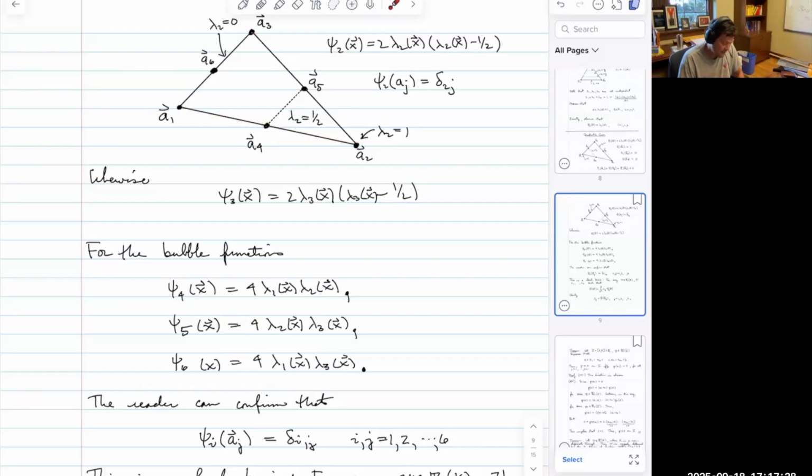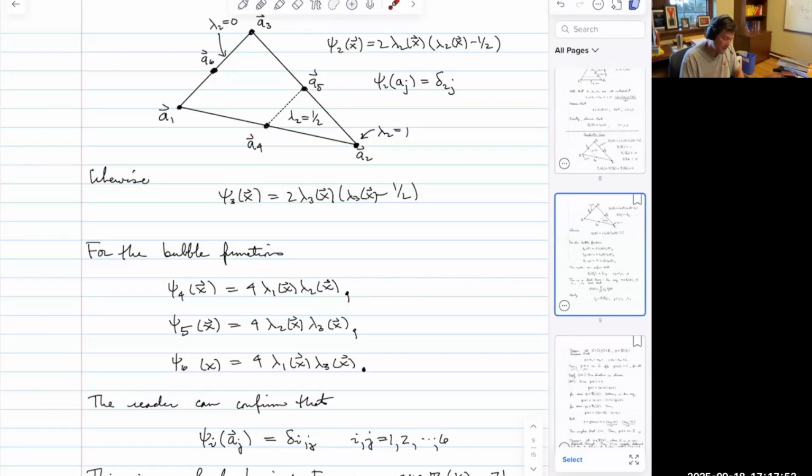Okay, so if I know that lambda 1 and lambda 2 are both a half, and I put in x equals a4, I know that lambda 2 is a half, lambda 1 is a half. So this is a half times a half times 4. This is going to be equal to 1, the product, right? At that point.